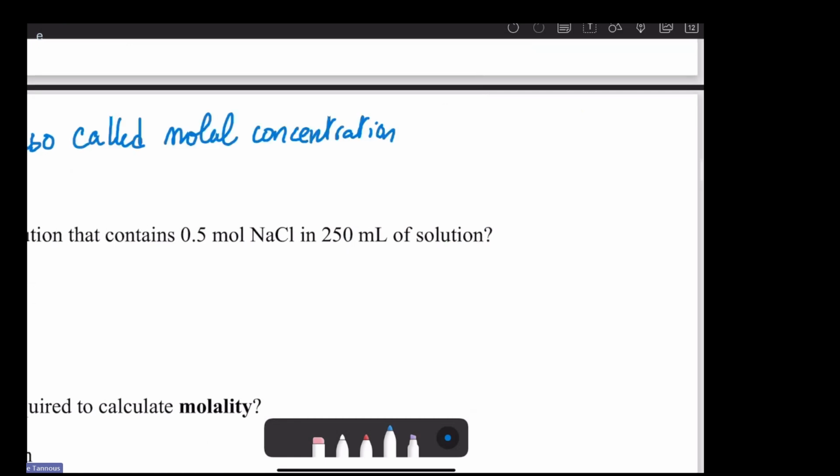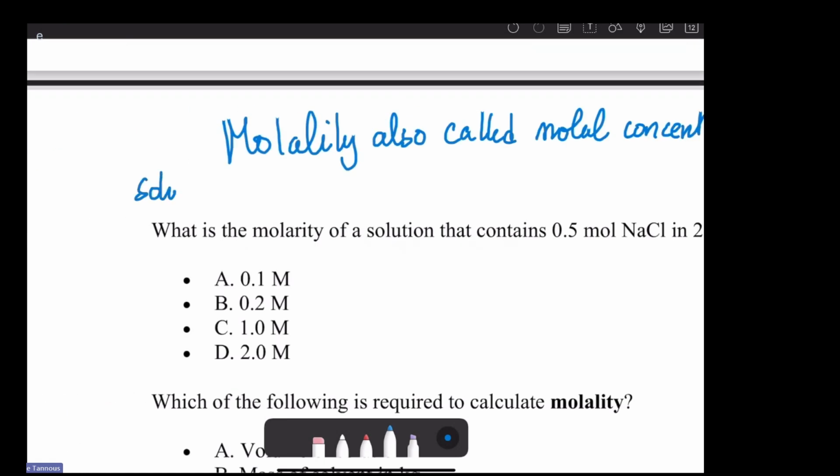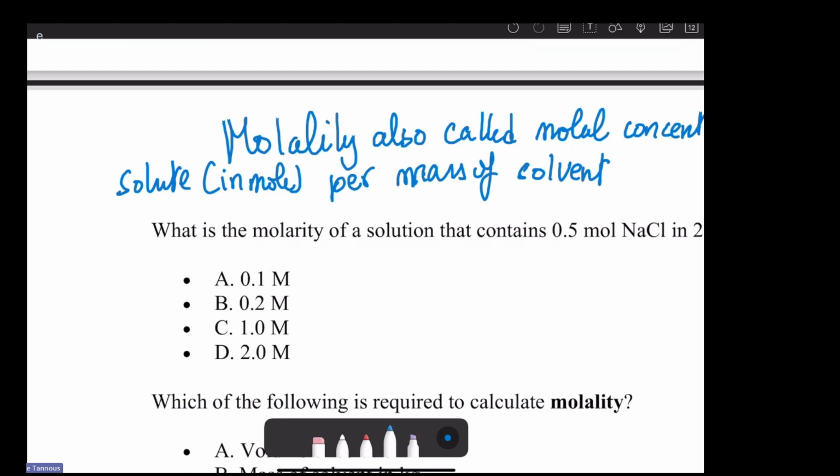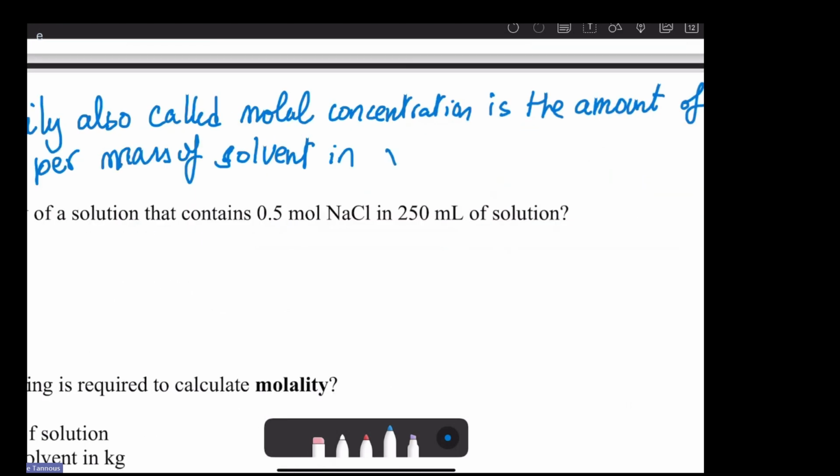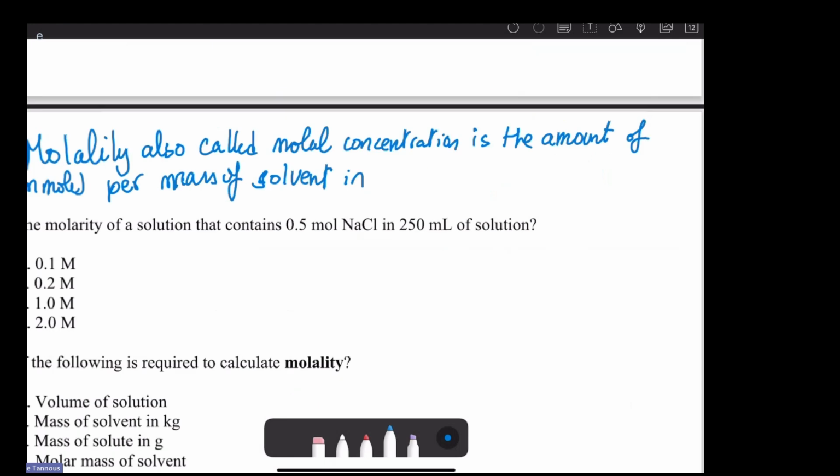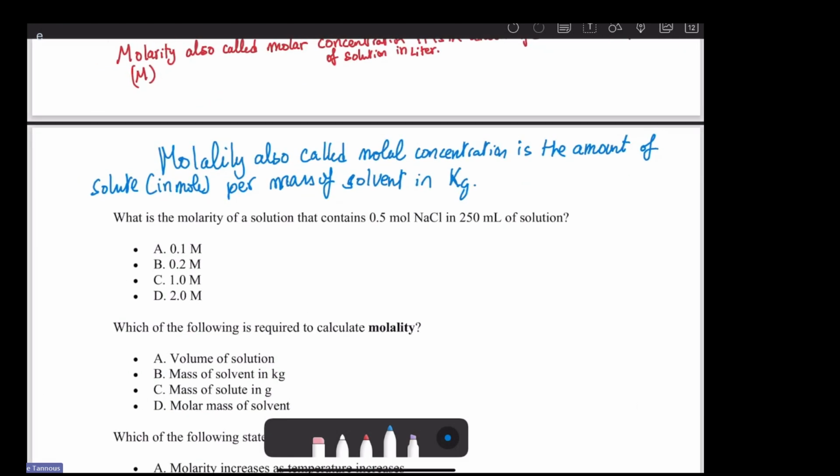It is the amount of solute in mole per mass of solvent in kilogram. Okay, so here's the formula. Now, moving on with the calculations.